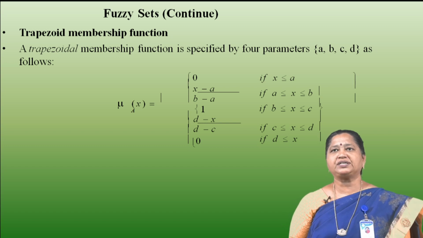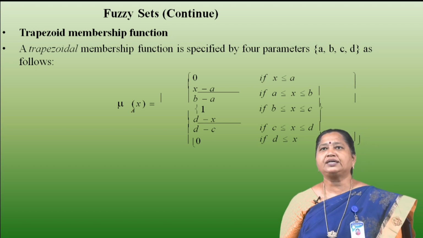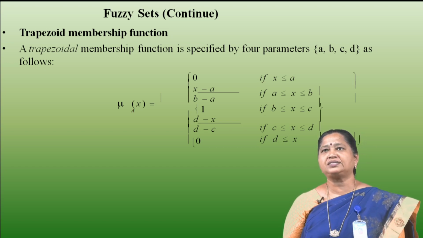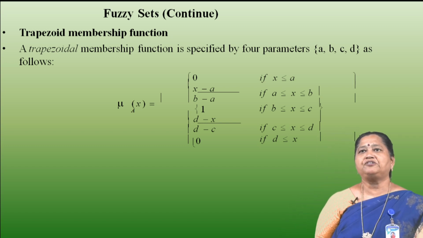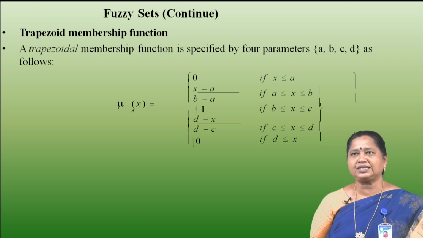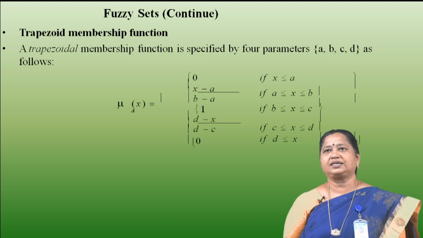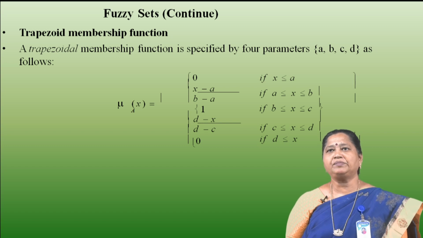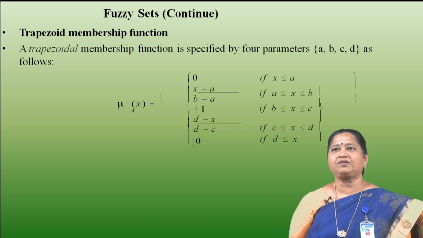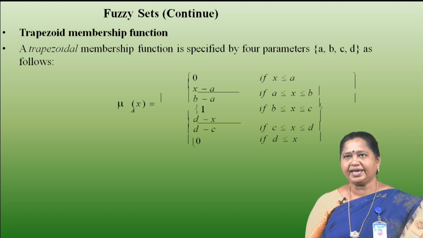Mu A of x equals 0 if x is less than or equal to a; (x minus a) over (b minus a) if a is less than or equal to x less than or equal to b; 1 if b is less than or equal to x less than or equal to c; (d minus x) over (d minus c) if c is less than or equal to x less than or equal to d; and 0 if d is less than or equal to x.